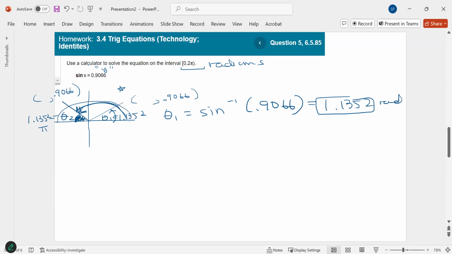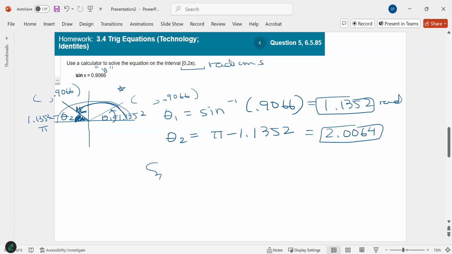So if we take that little bit off, that'll give us the equivalent angle. So we do that: angle 2 is pi minus 1.1352. I won't show you that in the calculator, I'll just type it here. So if we do that, that'll give us, rounded to 4 decimal places, 2.0064 radians.